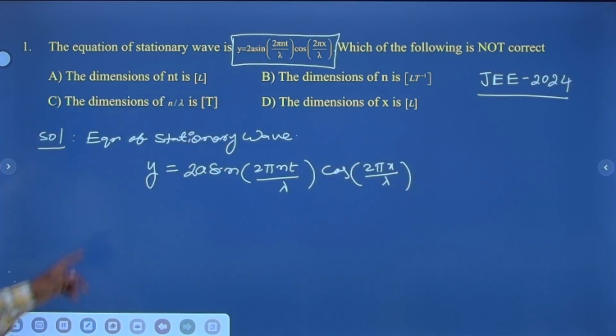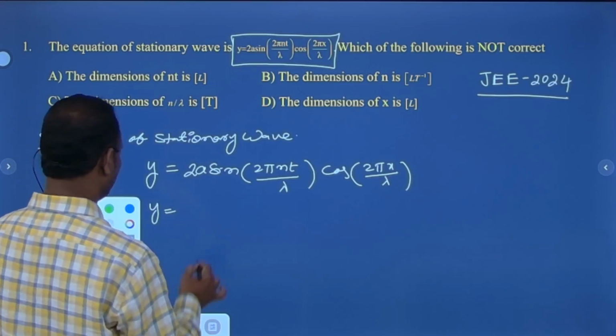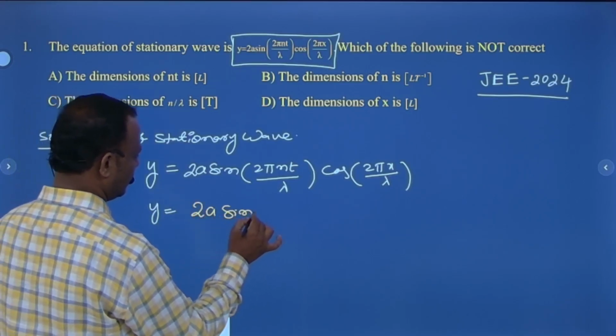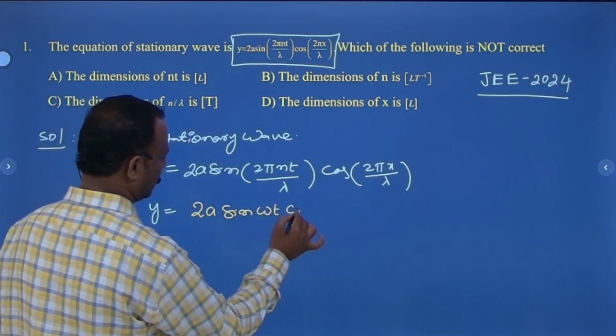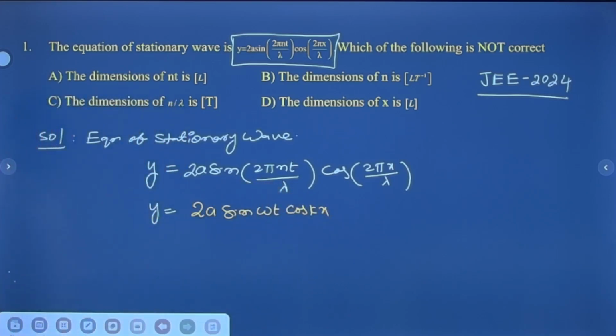Compare this with the standard equation of a stationary wave, y equals 2a sine(omega t) cos(kx).